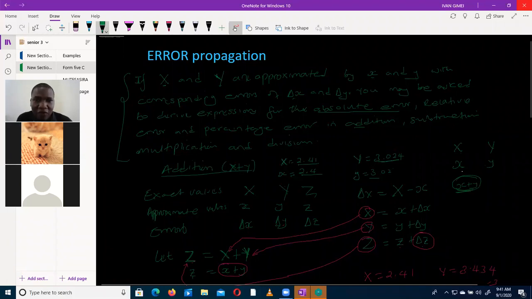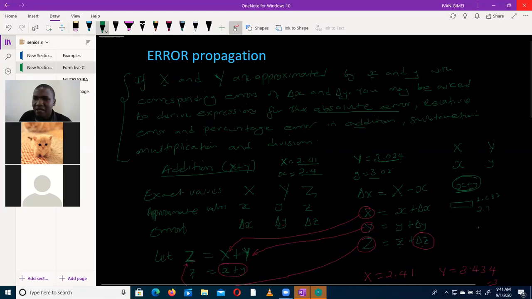So that's what we're looking for. What would be the error in X plus Y? What error would arise by me approximating capital X plus capital Y by small x plus small y? I don't know whether you're trying to get that. For instance, I've measured the length of something as maybe 2.678, but since it is too long, I round it off to 2.7.